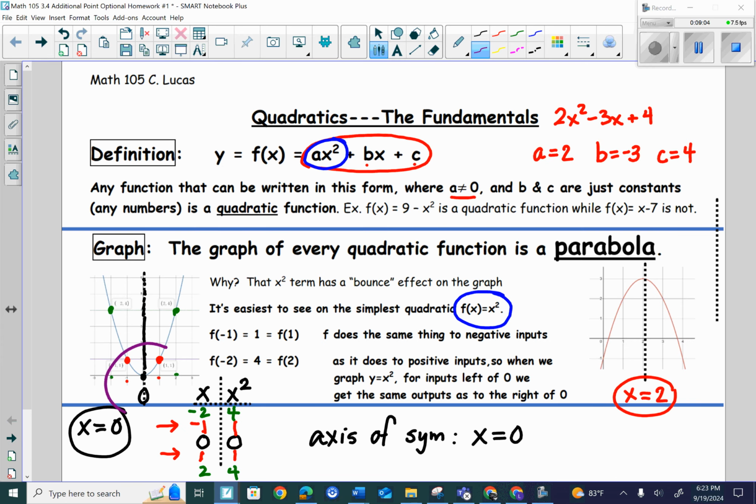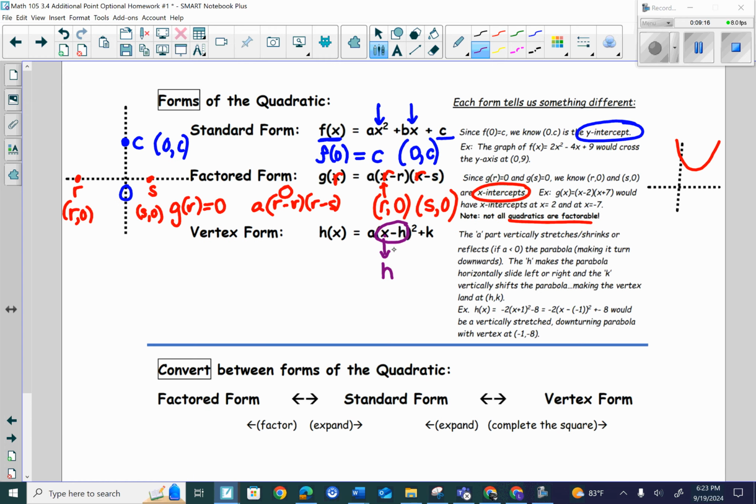Because the parabola is going to be symmetric around that bottom vertex point. So if h is put in for x, I'm going to get 0, and that's the smallest value that something squared could be, right? That's why it's a vertex. You can't square something and get a negative, so if we put h in for x, that's going to make that value the smallest.